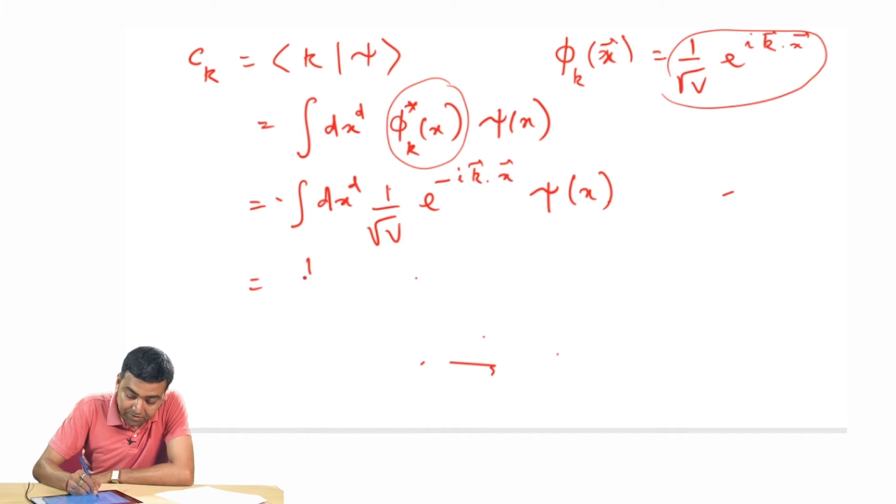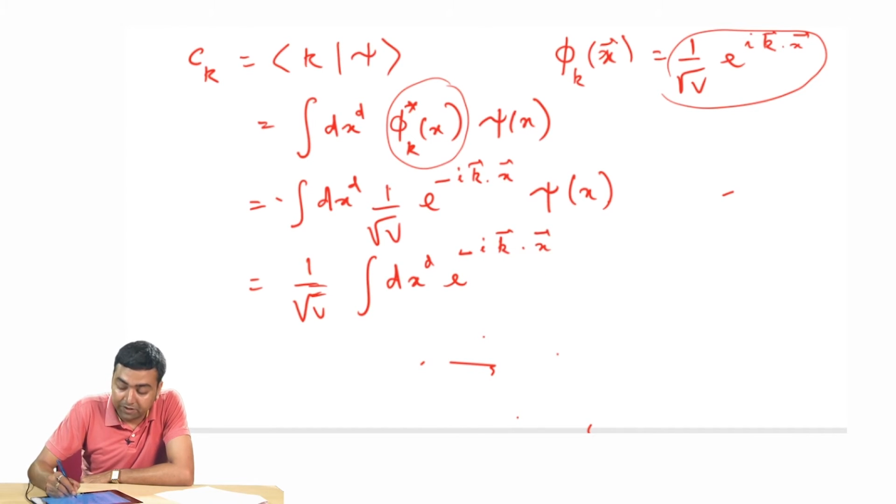So, this is written in this form, integration dx, e to the power minus i k dot x, psi of x. So, this is the value of my coefficient.